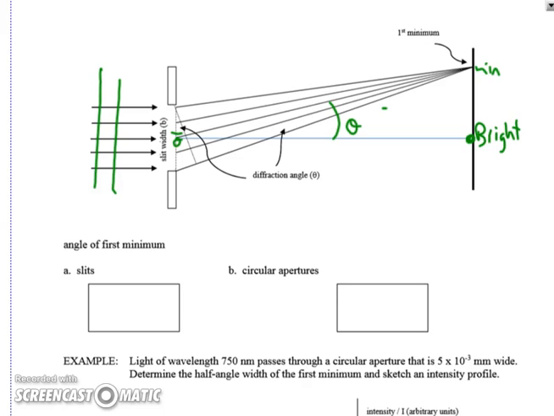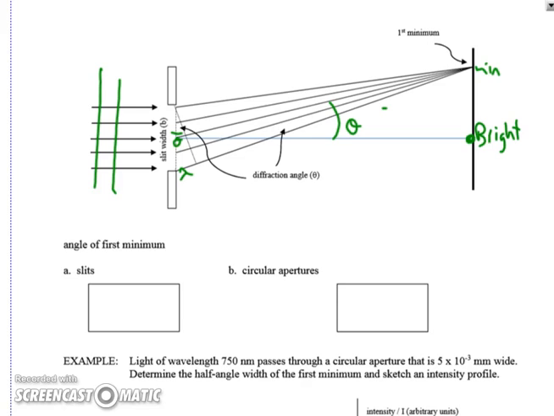We choose an angle such that the distance this ray travels versus the furthest ray is exactly 1 wavelength. So the path difference from the top to the bottom is exactly 1 wavelength. Yet if you're paying attention, you'll see this is a minimum. That's very different than what we saw with double slit, where a 1 wavelength path difference gave a maximum. So why?